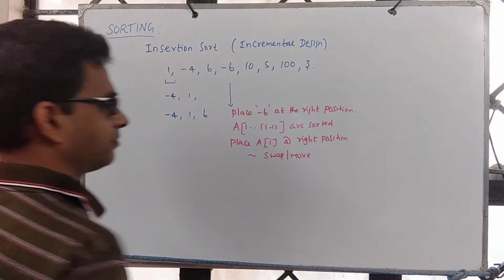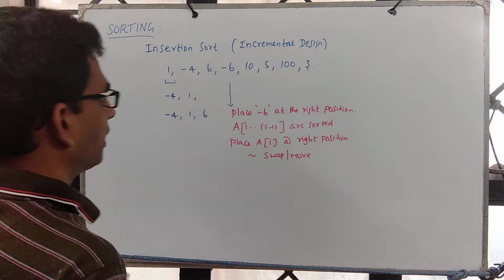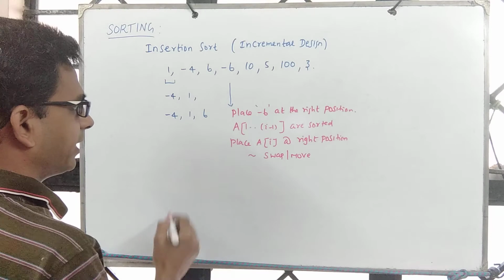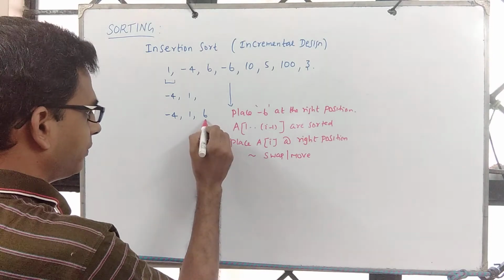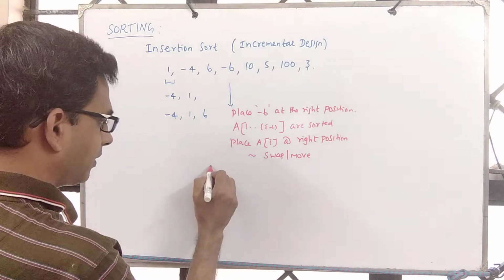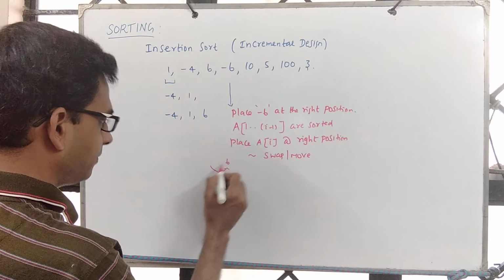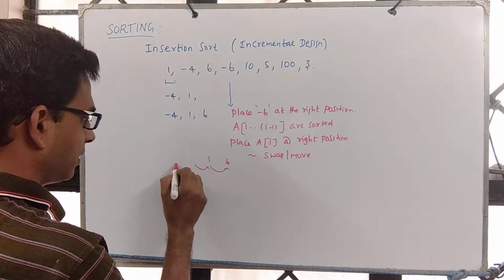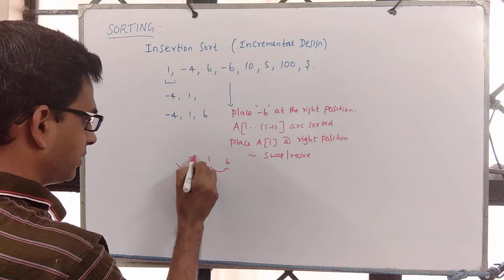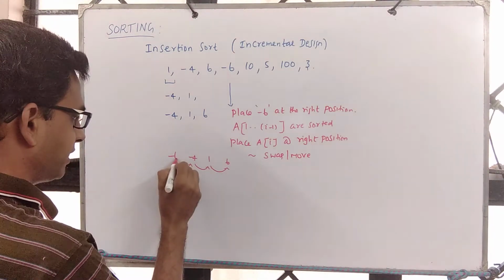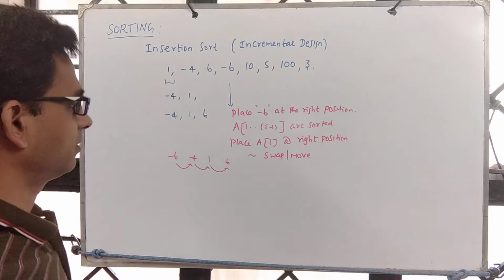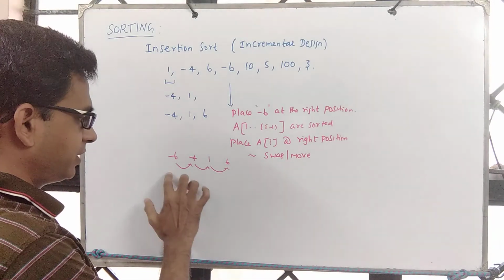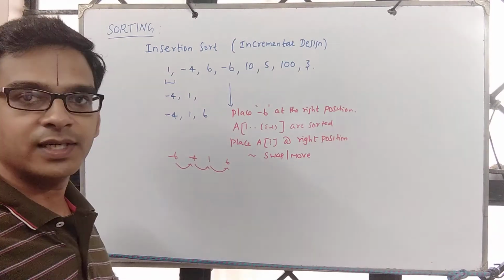That can happen. Now you are bringing minus 6, so I have to place minus 6 at the appropriate place. So what I do, I will place 6 over here, and 1 is moved to this place, and minus 4 is moved to this place. Now place minus 6 at its right place. So at the end of ith iteration or fourth iteration, you see that first 4 elements are sorted.